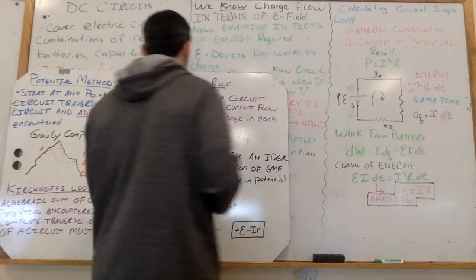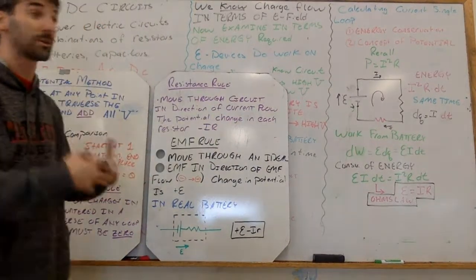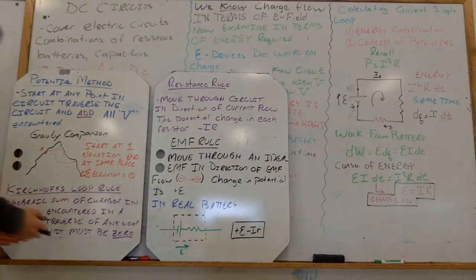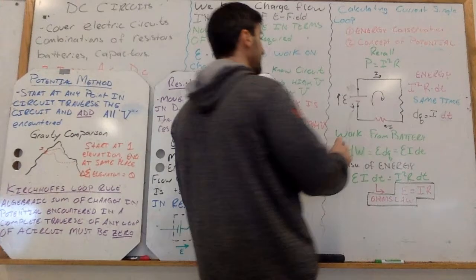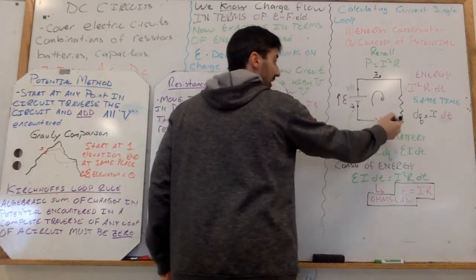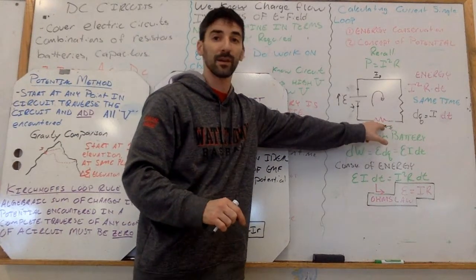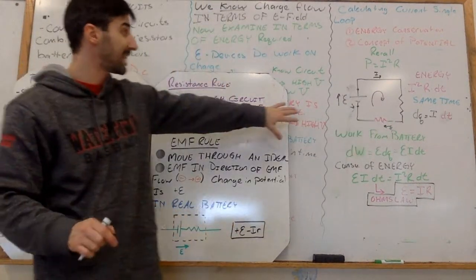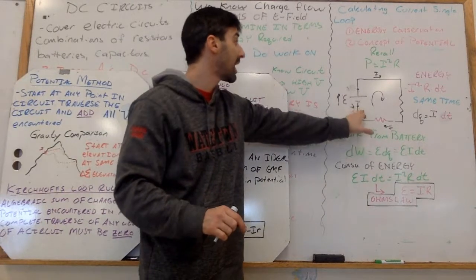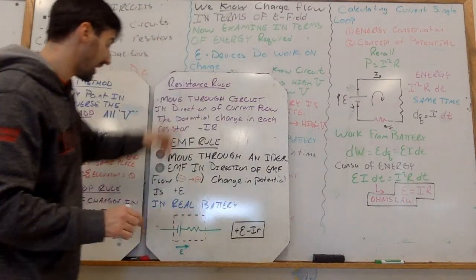As I move around, every resistor I encounter, I'm going to add that potential. That's what we have here in Kirchhoff's law. This resistor right here, that is minus I times R.